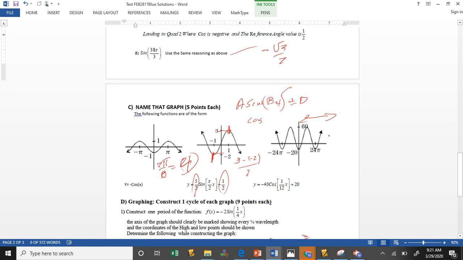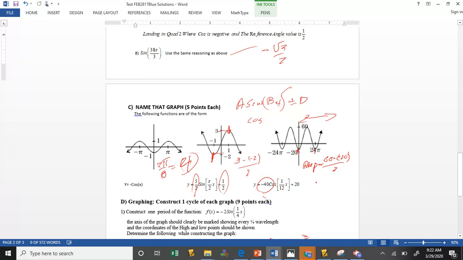Let's look at this one again. The amplitude, of course, is going to be the high minus the low, so it's 60 minus a -20, which is 80 over 2, so the amplitude is 40, but it looks to be flipped over. It's definitely a cosine. And the period's going to be from 0 to 24 pi.